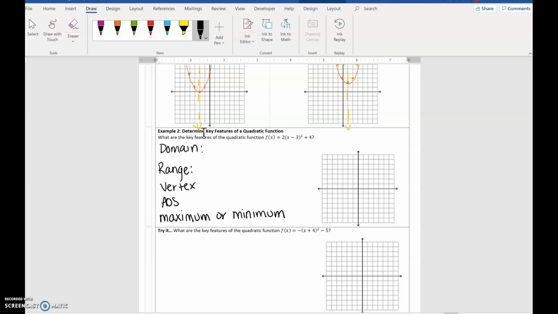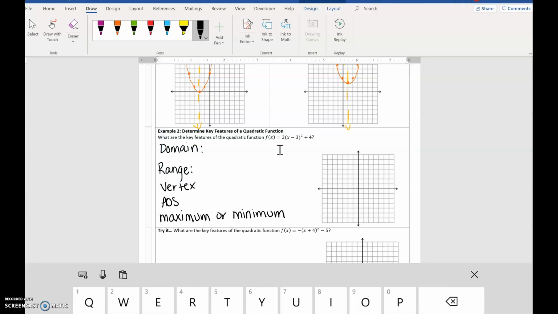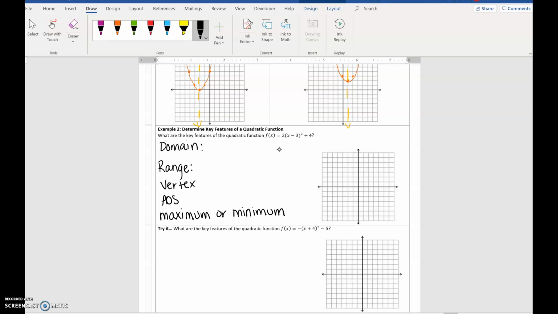So I'm going to go ahead and start by just graphing it. I'm going to look here and I'm going to see that I have a vertex of (3, 4). So I'm going to start there. Oh, sorry, that's a +4, so up here, (3, 4).